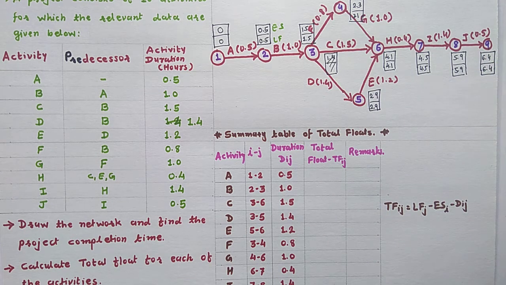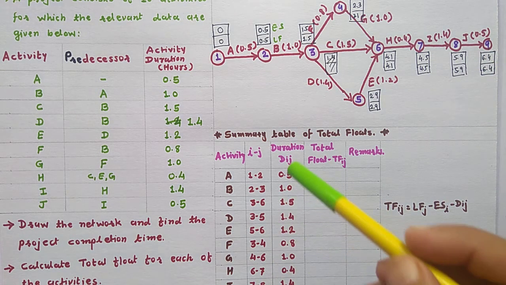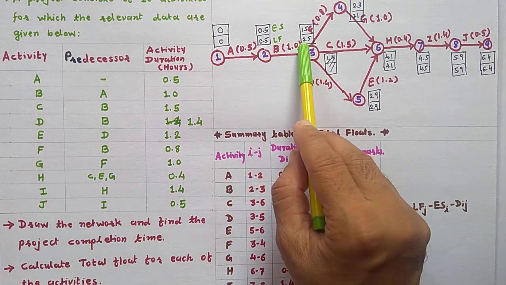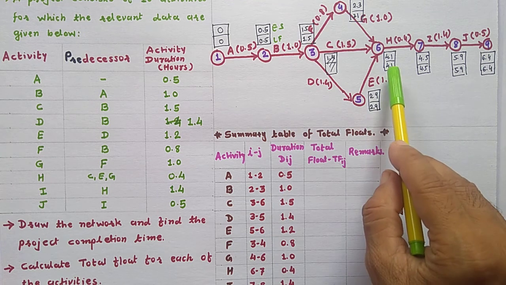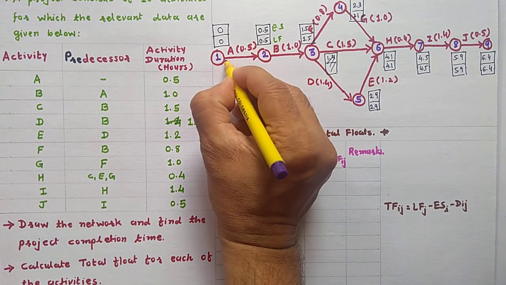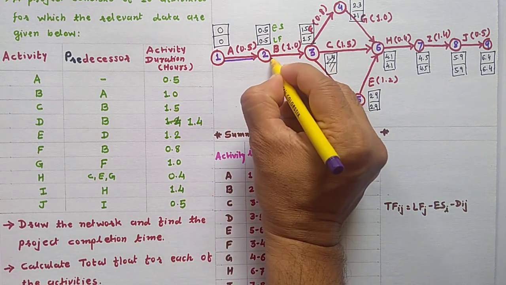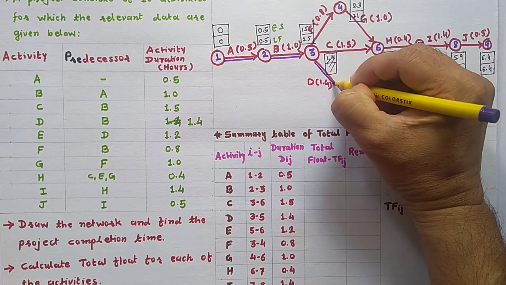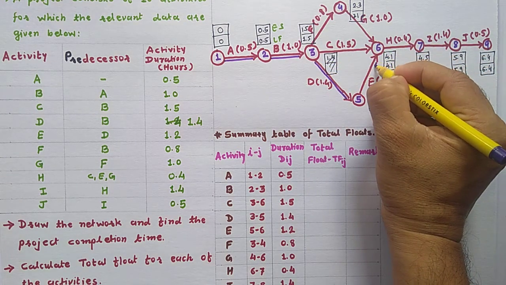So see which events have the same value of earliest start and latest finish. Here both values are same, here, here, here and here. So this will become your critical path.